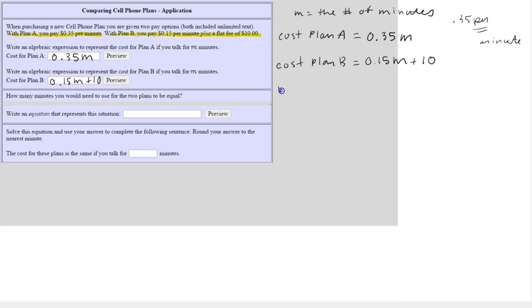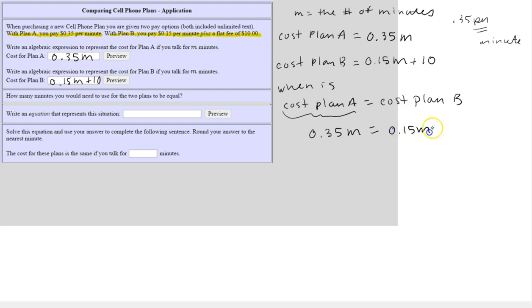We want when is the cost of Plan A equal to the cost of Plan B. And we have expressions for both of these, so we can just replace: the cost of Plan A is 0.35m, and the cost of Plan B is 0.15m plus $10. So this is our equation, and if we solve for m here, we could find the number of minutes you would talk on the phone where these were exactly equal.